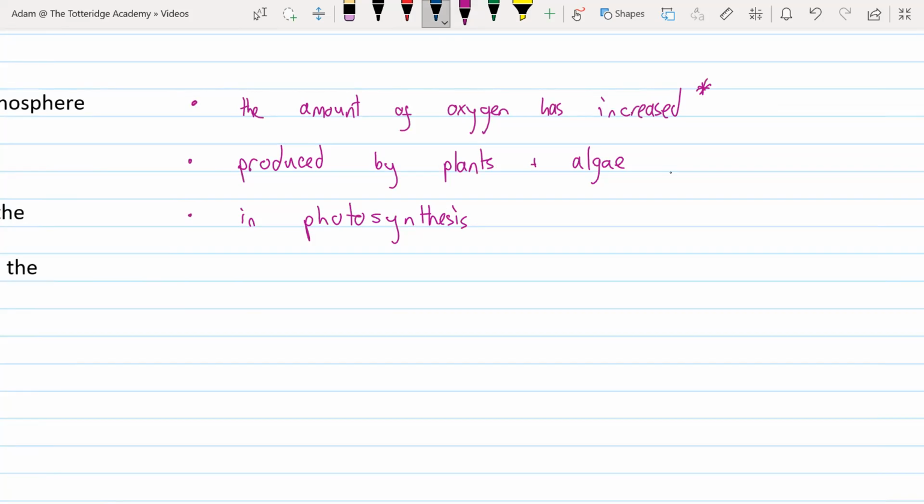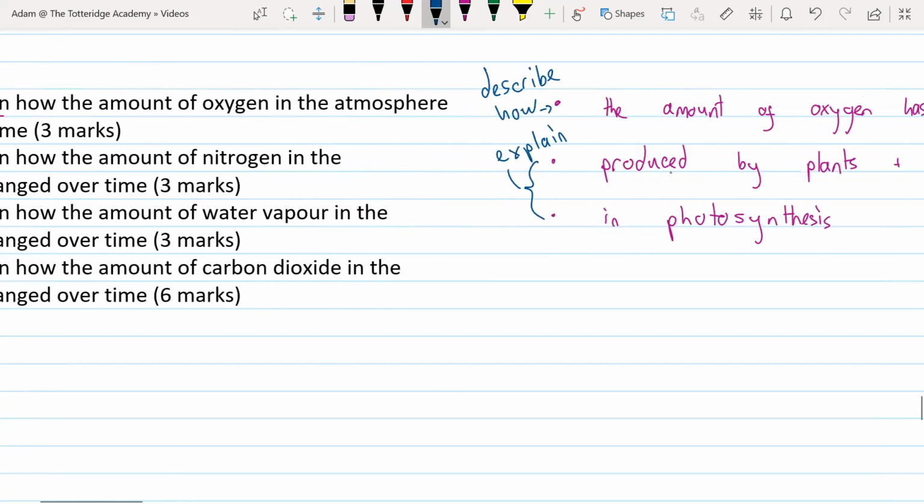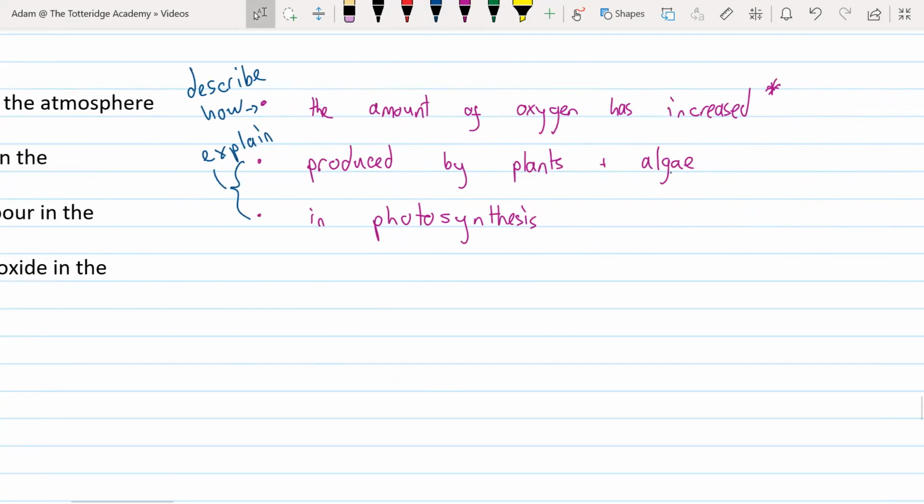This bit is describe how, and this bit is explain. Both of those points are explain. So you've got to make sure that you do both the describe how and the explain for each of these. So you can mark your answer there and press play when you're ready to go.